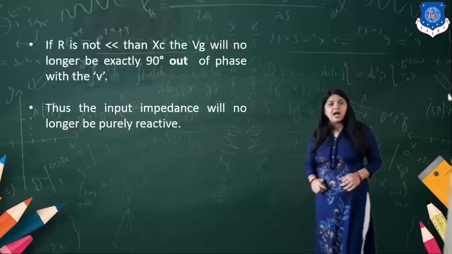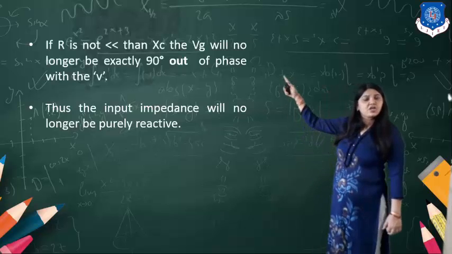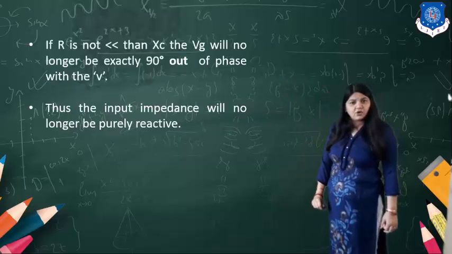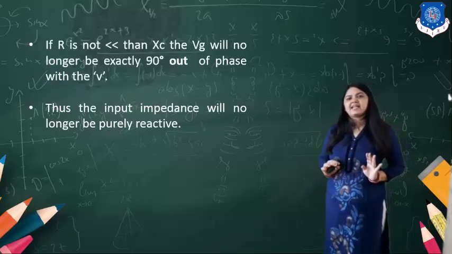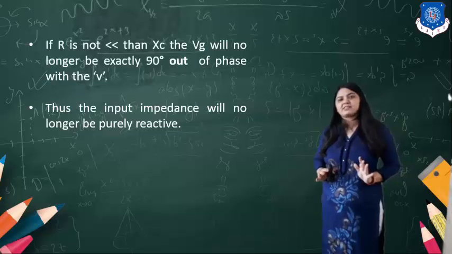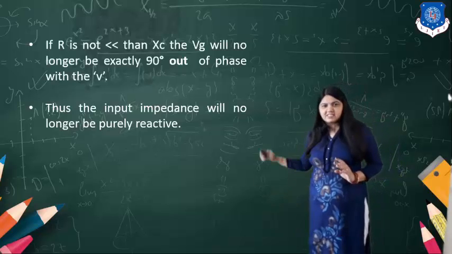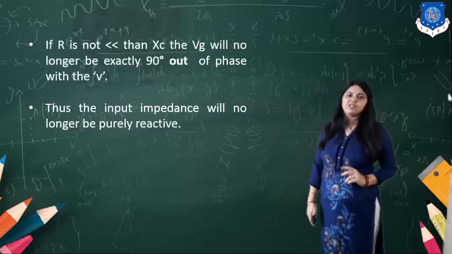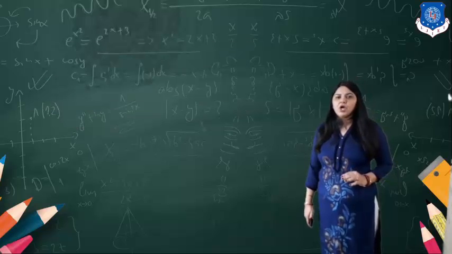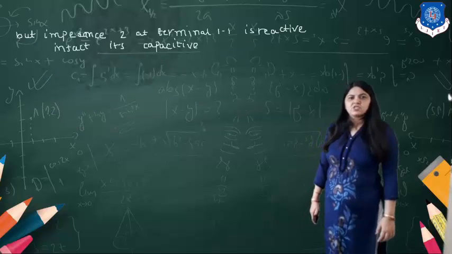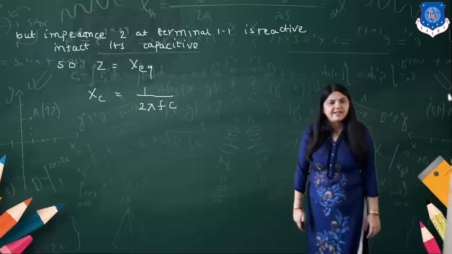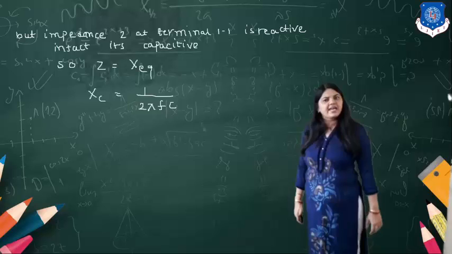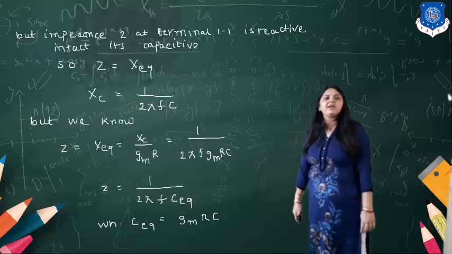If R is not less than or equal to XC, then VG will no longer be exactly 90 degrees out of phase with V, and thus the input impedance will no longer be purely reactive. Now Z is equal to the X equivalent, and XC is 1 upon 2 pi FC.